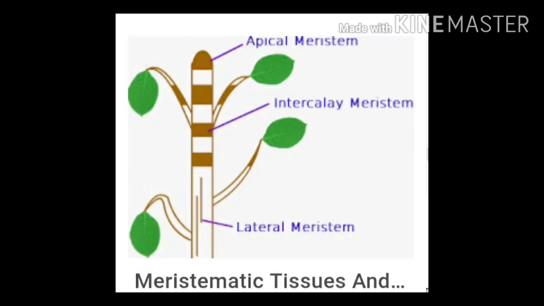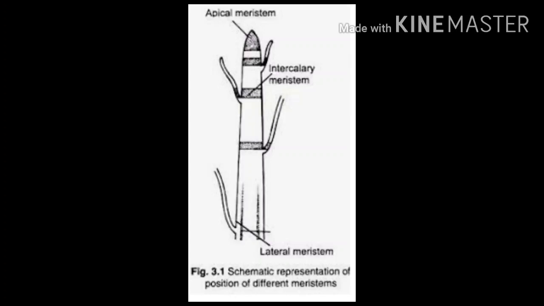Now next, permanent tissues. Permanent tissues are also called non-dividing tissues. Clear? Like meristematic tissues are responsible for the division, for the growth, whereas permanent tissues are what? Non-dividing. The permanent tissues form the bulk of the plant body. These tissues do not divide.